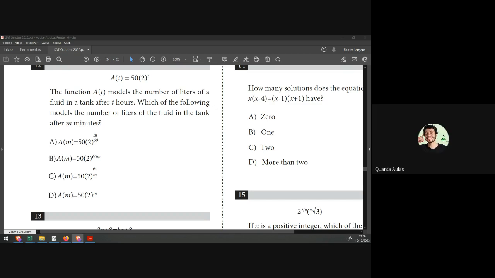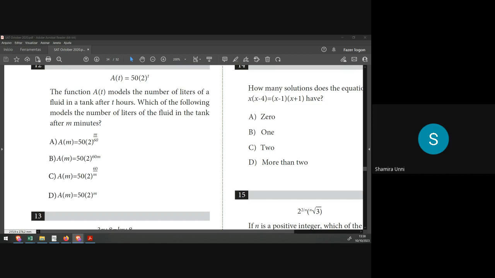Yes, but B, I don't know, because all the minutes you put in M will be multiplied by 60. And we don't want to do this. We want to divide by 60, because when we divide the minutes by 60, we have hours, right?